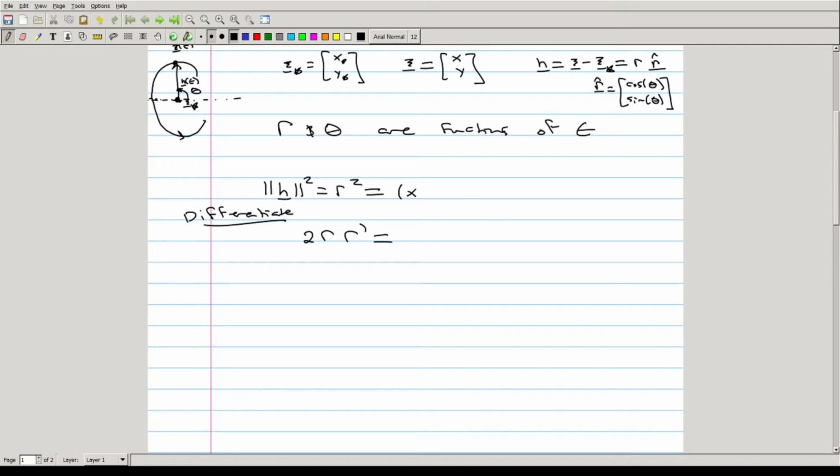It's going to be x minus x star squared plus y minus y star squared. So when we differentiate, we get 2 times x minus x star times x prime plus 2 times y minus y star times y prime.